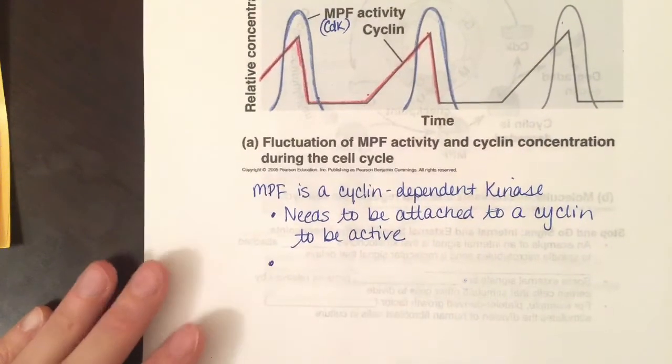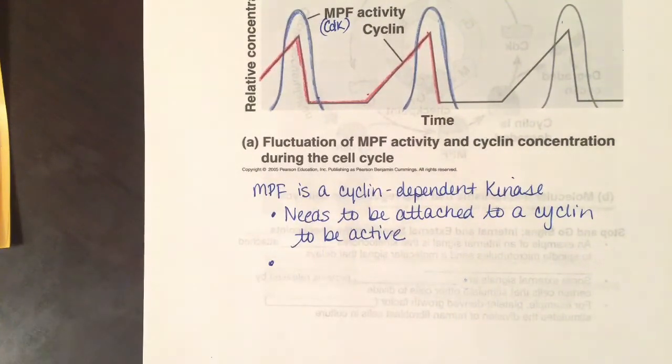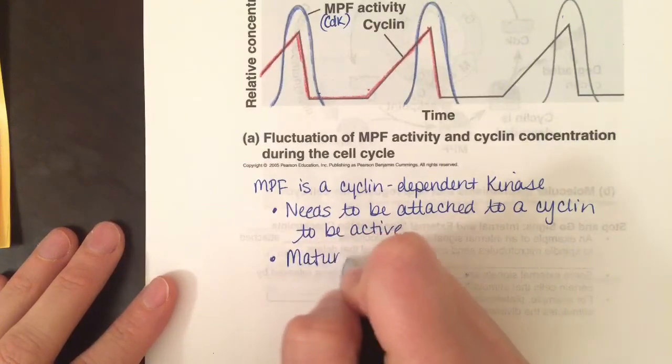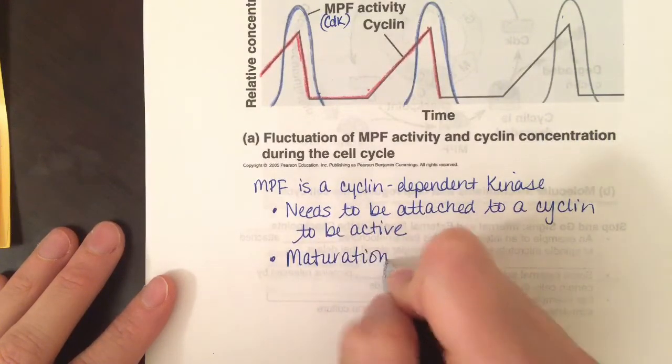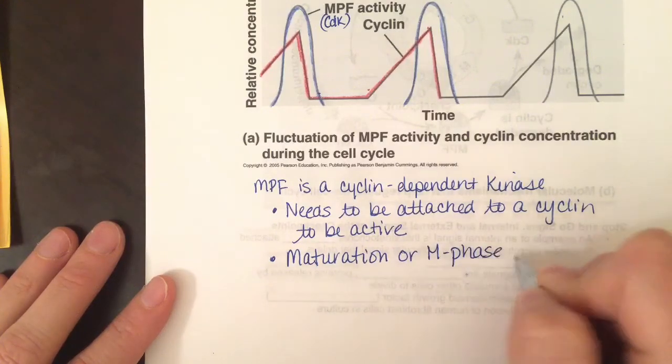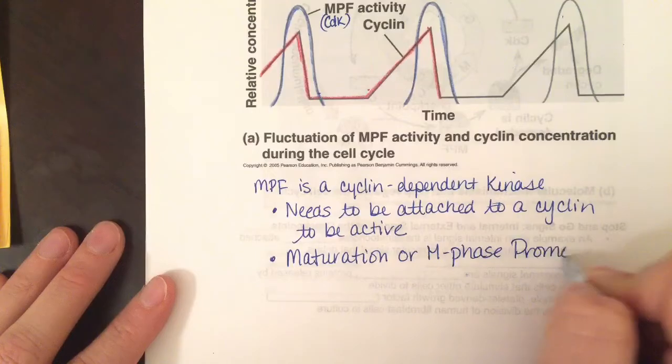They call it MPF. It's the maturation promoting factor, but sometimes they think of it as the M phase promoting factor, so we can write maturation or M phase promoting factor.